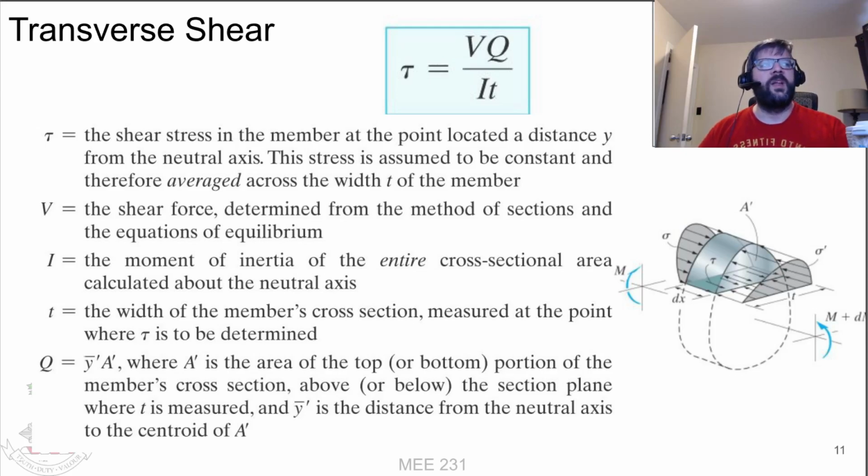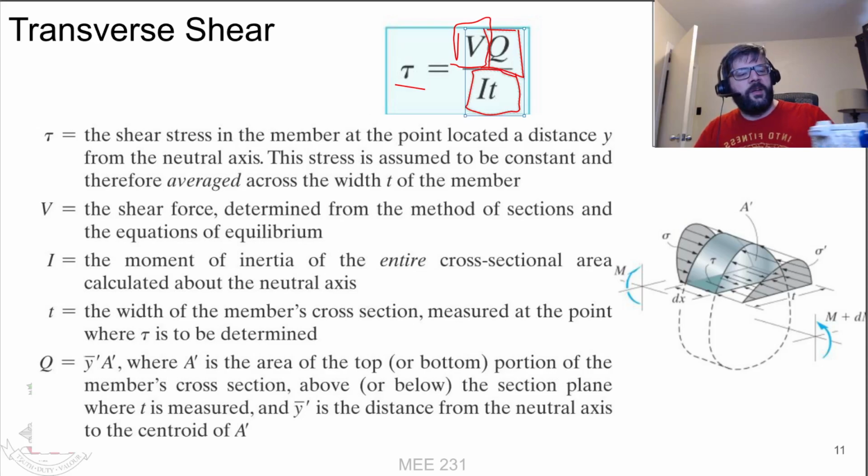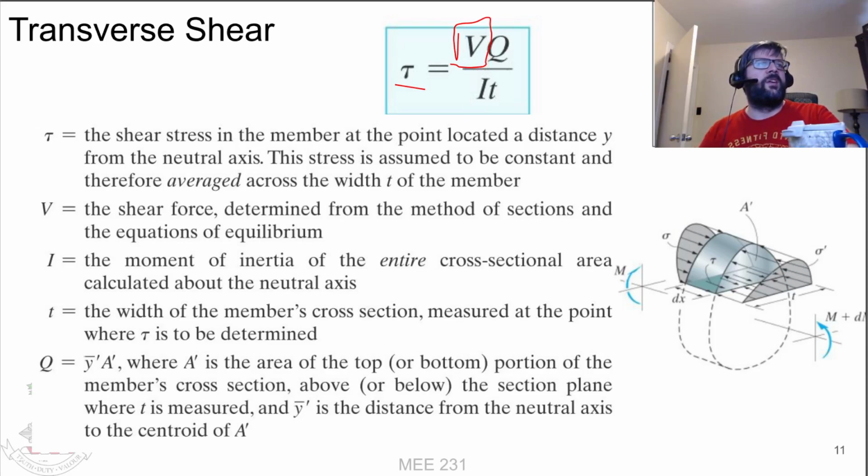From there we can figure out what the shear stress is in terms of the load. It increases directly with the load V times the Q, divided by the I and the t. I and V are constant for the cross section. The t will vary based upon the height.